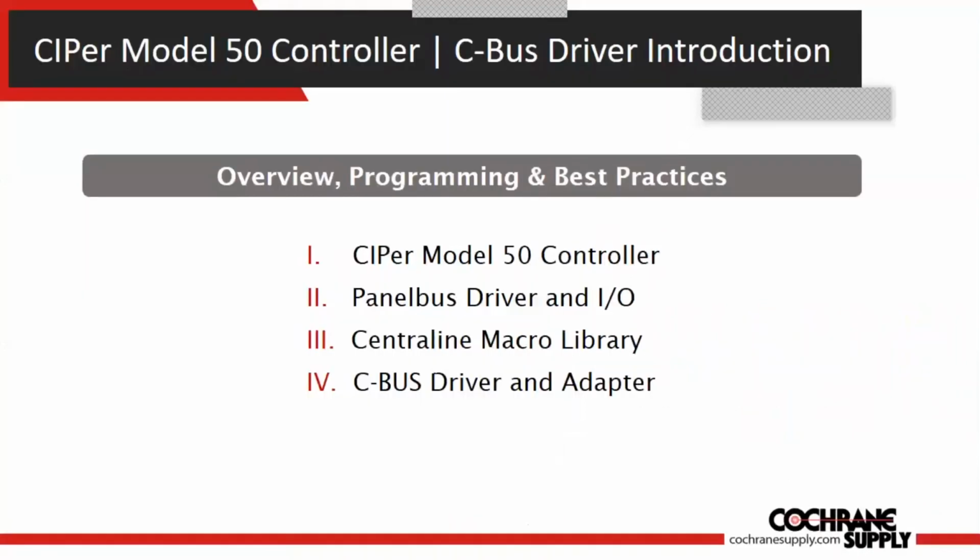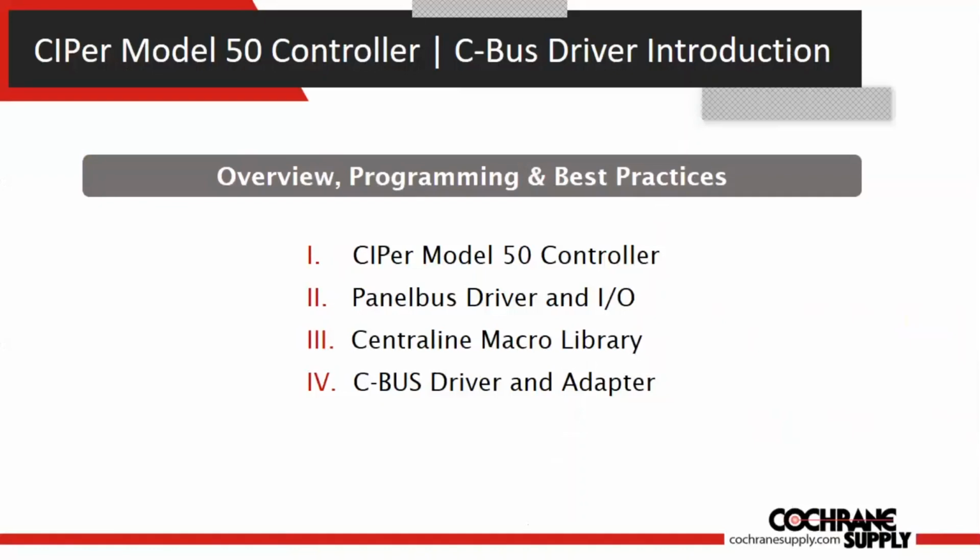Just a quick overview of what I want to cover today. I'm going to briefly provide information regarding what the CIPer Model 50 controller is. Also going to spend some time talking about the panel bus communications driver and the input-output capabilities of the controller, as well as the panel bus I/O modules themselves that are supported.